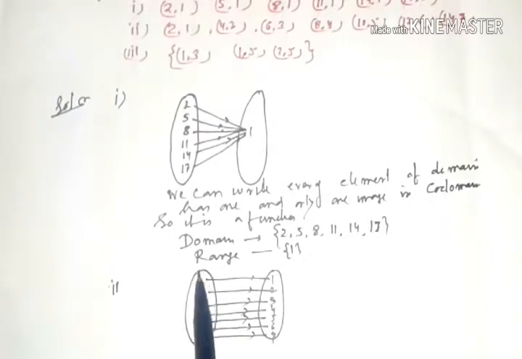Here also, every element of the domain has only one image. That is, the number of images of the element 2 is 1. Number of images of the element 4 is 1. Number of images of element 6 is also 1.